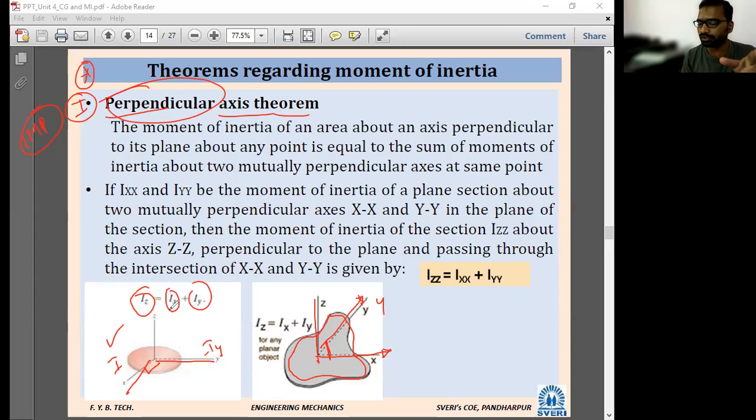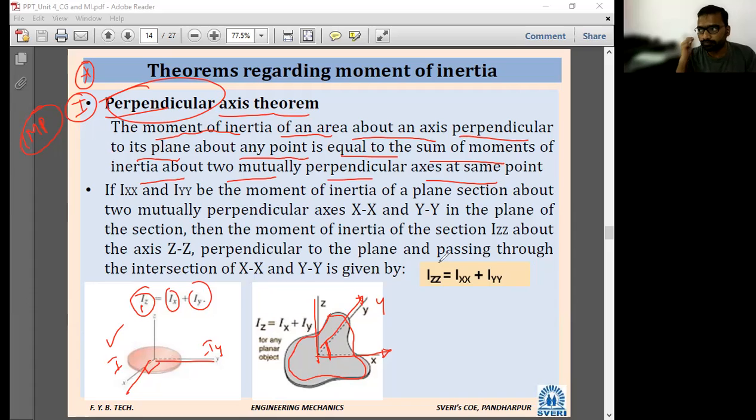Iz is perpendicular to Ix and Iy, that's why it's called the perpendicular axis theorem. The moment of inertia of an area about an axis perpendicular to its plane about any point is equal to the sum of moments of inertia about two mutually perpendicular axes at the same point. Is it clear, everyone?